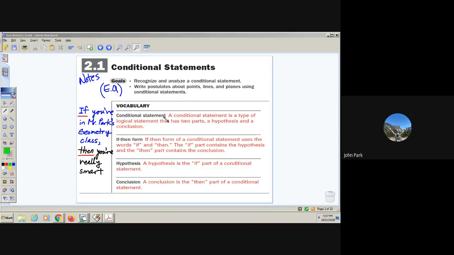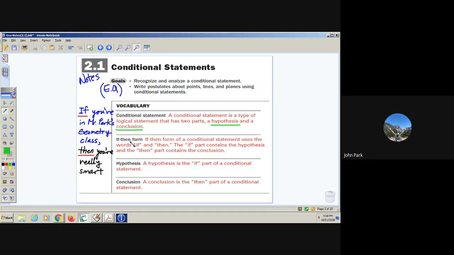Any kind of statement you can convert into a conditional statement by using the phrase if-then. So it has two parts. It has a hypothesis, which is the if part, and a conclusion, which is the then part.